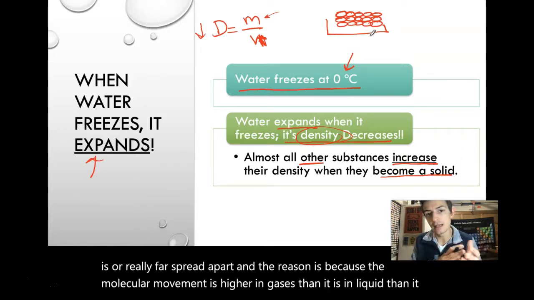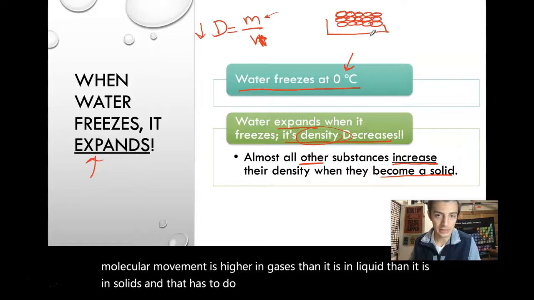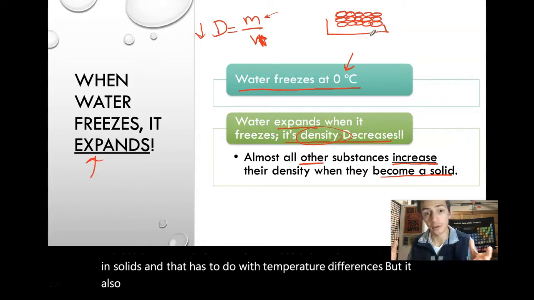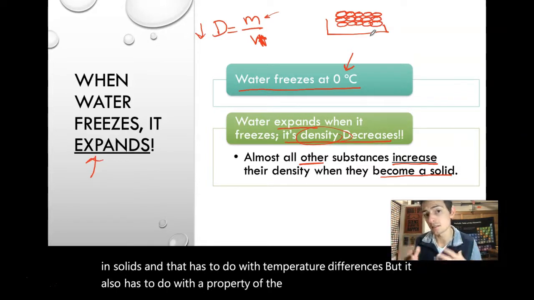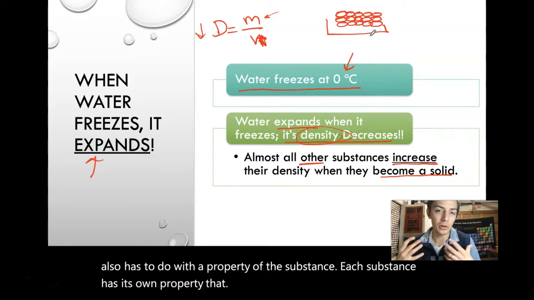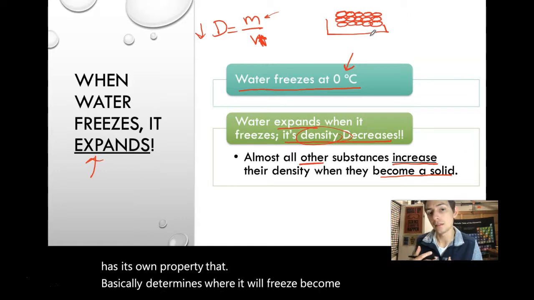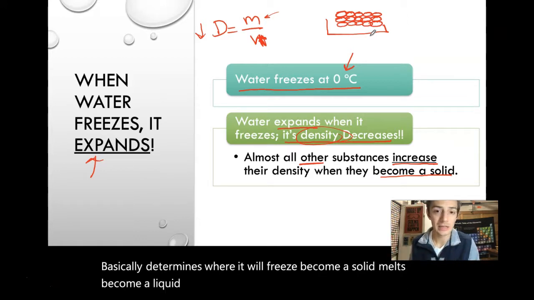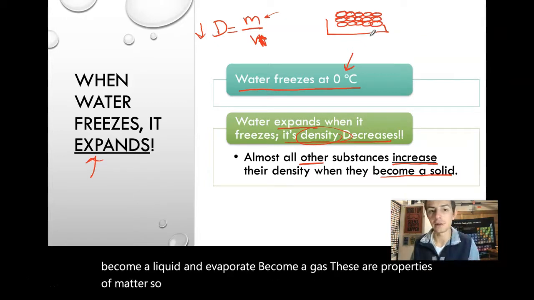And that has to do with temperature differences, but it also has to do with a property of the substance. Each substance has its own property that basically determines where it will freeze, become a solid, melt, become a liquid, and evaporate, become a gas. These are properties of matter. So you're looking at two properties here with water.